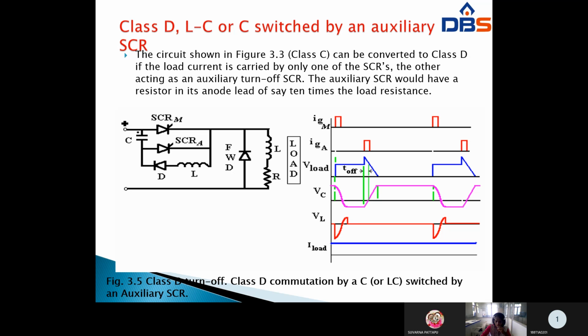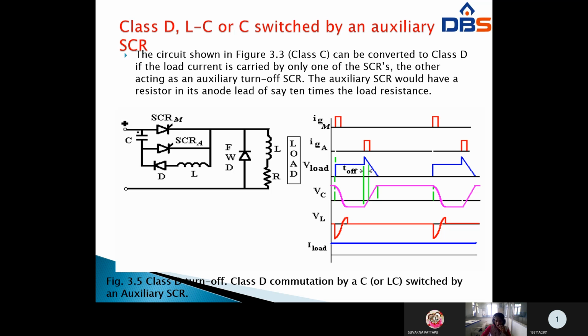So in the negative half cycle, the capacitor will be discharging. And whenever the auxiliary SCR is triggered, the capacitor will again be charging. It will continue in the negative cycle.